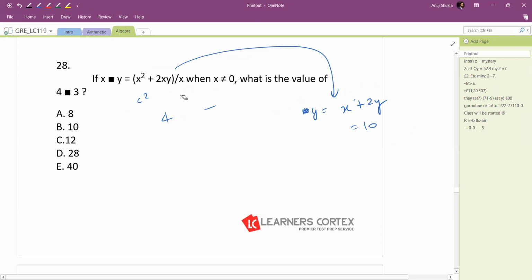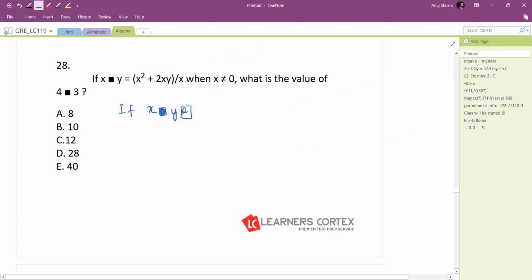If I give you a question like this, suppose that if x is equal to, what is the value?